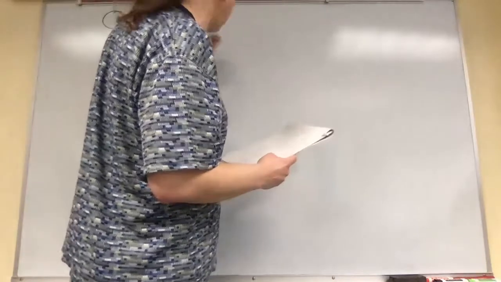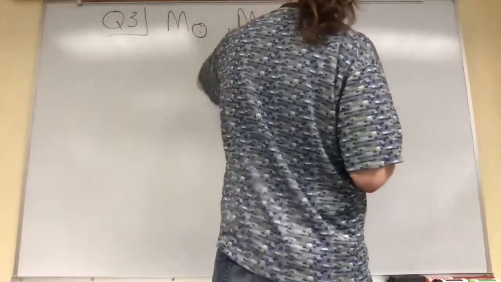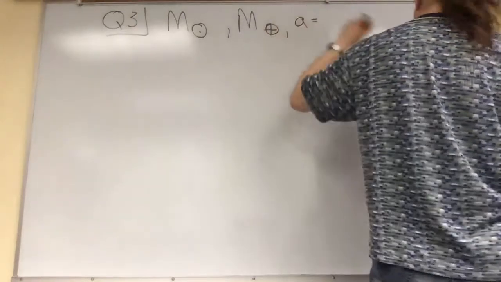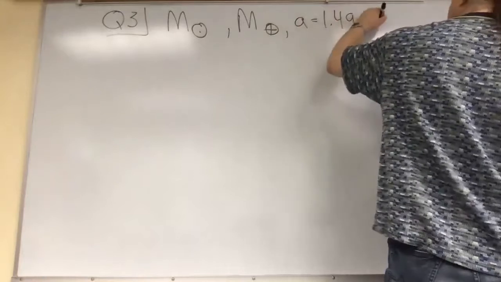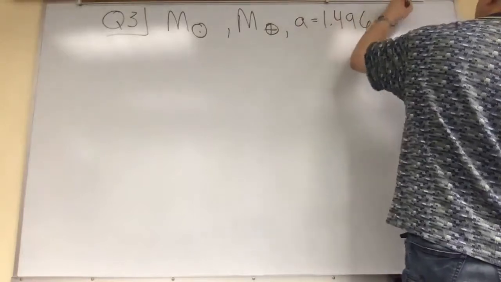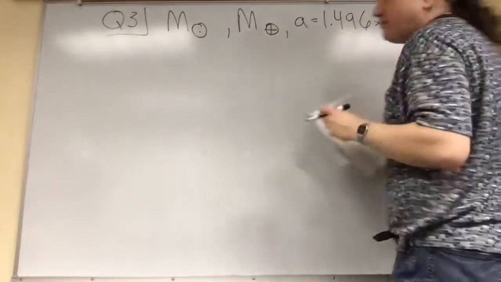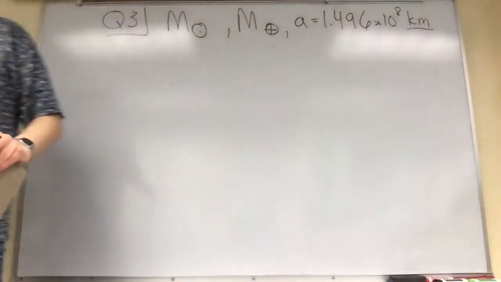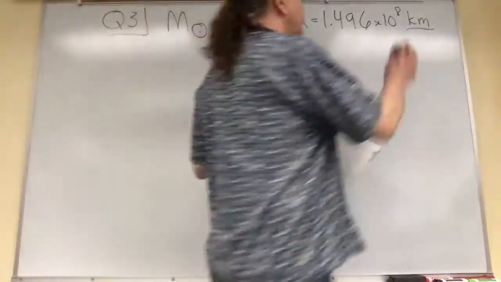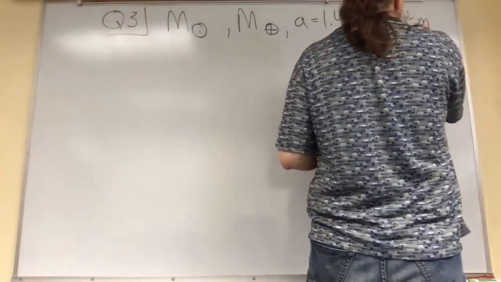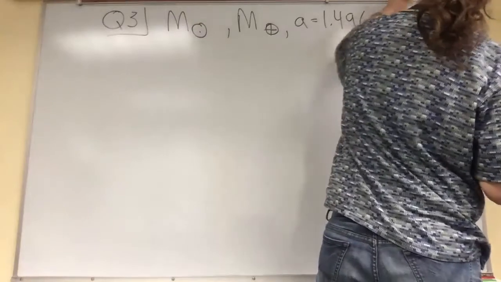So we were given the mass of the sun, the mass of the Earth, the mean distance, or if you prefer, semi-major axis of the Earth from the sun. It was given in kilometers. You probably wanted to quickly change that into meters.